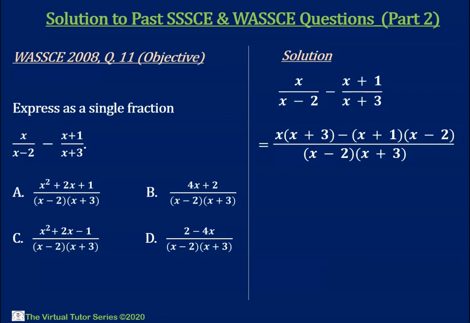Now, let's expand the numerators. We have x times x to be x squared, and x times 3 to be 3x. So the first group expands into x squared plus 3x.